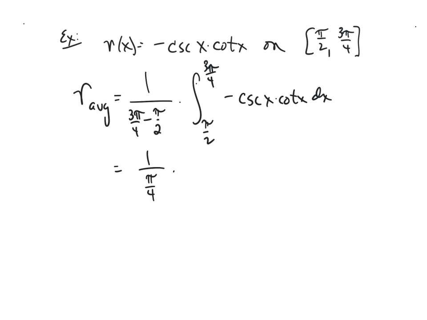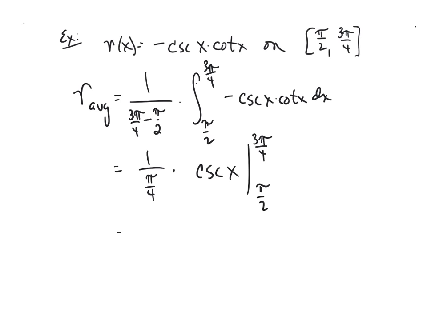Again, you might be a little bit worried about the integral, but it fits one of our basic rules. I picked a few that just fit our basic rules. If you look under your basic trig rules, we have one that says the integral of negative cosecant times cotangent is going to be equal to cosecant.